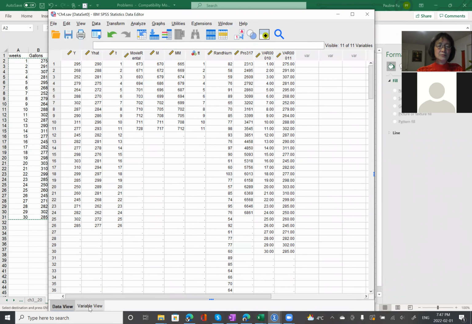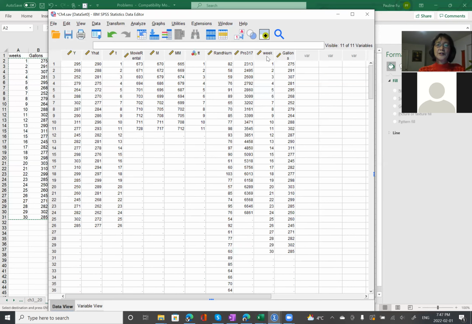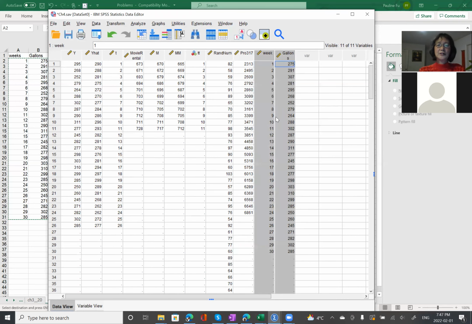Go to variables. This data I will call my time data, week. And the next one I'll name gallons. I don't need decimals, so I set decimals to 0. Okay, so this is my data here.